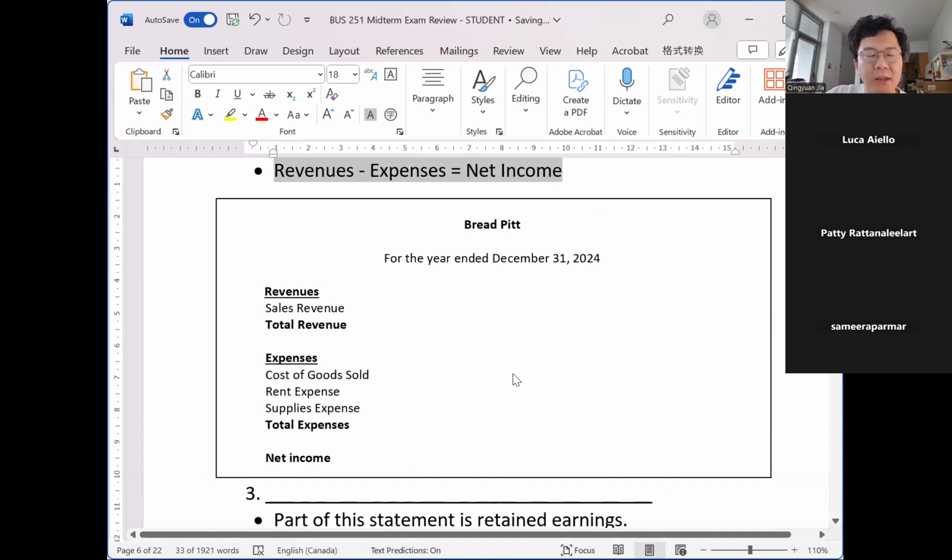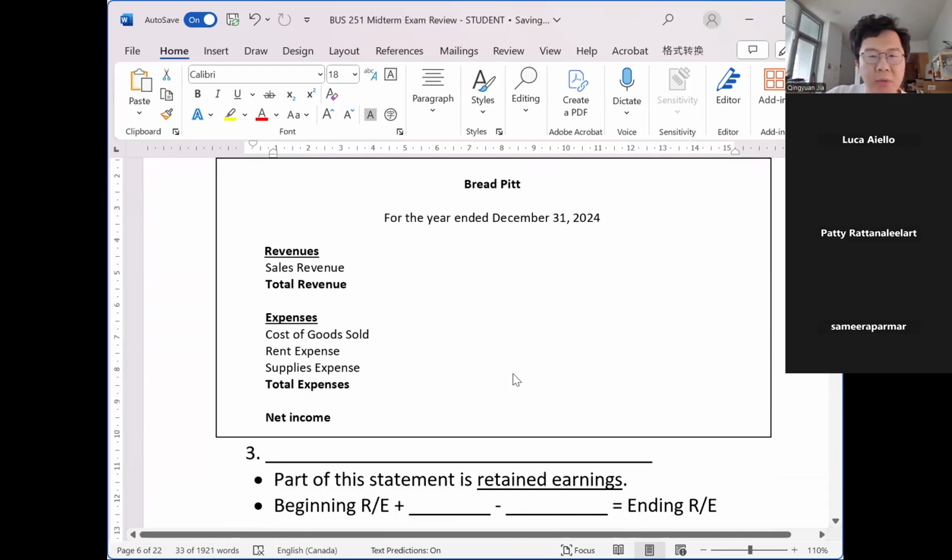And similarly, like the balance sheet, we put the name of the company here and the year. And we put for the year end, December 31, 2024, the date of the end of the year here.